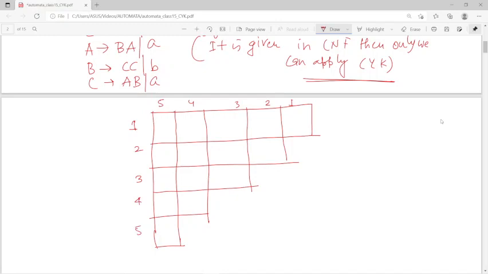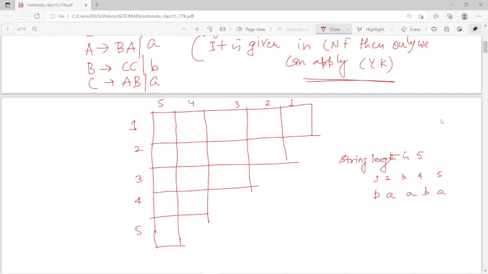So the thing is that here the string length is 5. So this is nothing but BA. So this is 1, 2, 3, 4, 5. So now ভালো করে স্টেপ গুলো দেখবে.